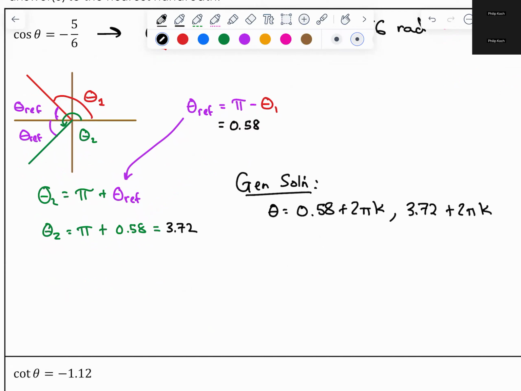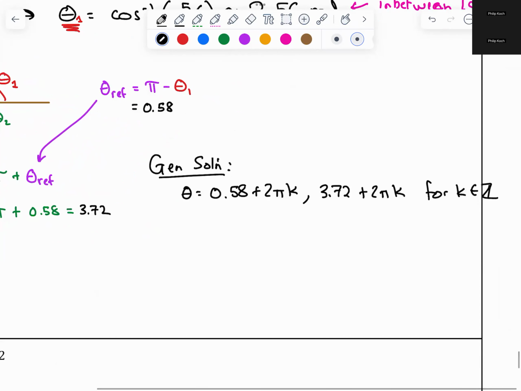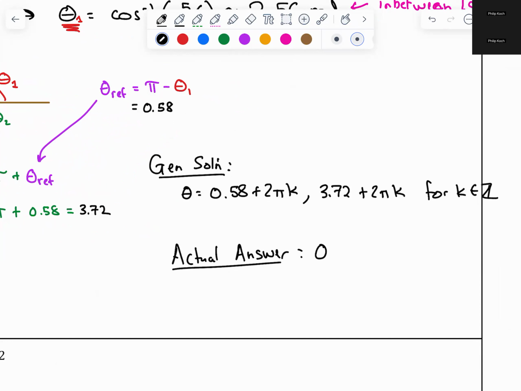We need to be able to use the general solutions. And I know that looks weird, but it's nothing different than what we've already done. We're trying to find the angle. This time we just need to use inverse trig to find the angle. And it's always the angle plus 2 pi k for k in the integers. But in particular, we're only working with 0 to 2 pi, so our actual answer, which should have gone above it though, but either way, is 0.58 and 3.72.